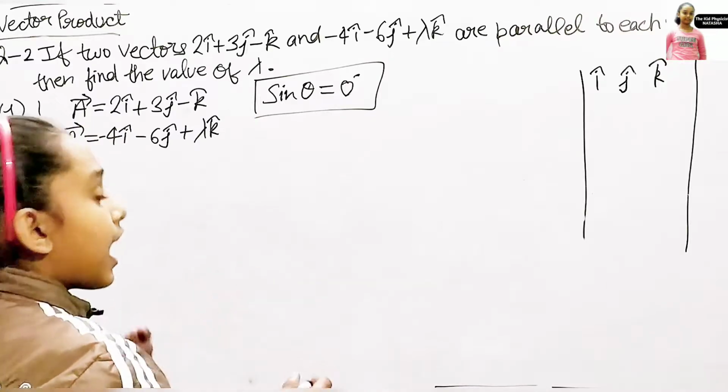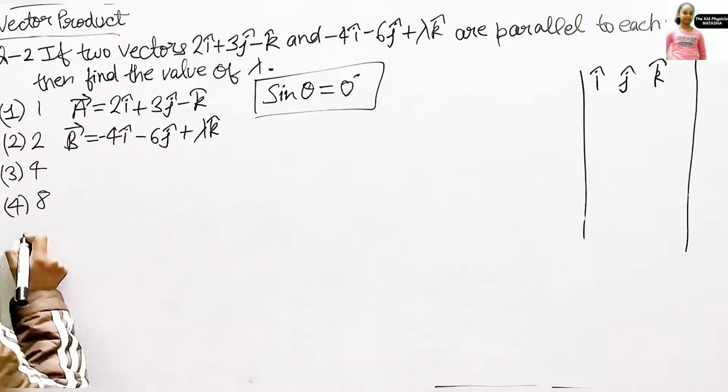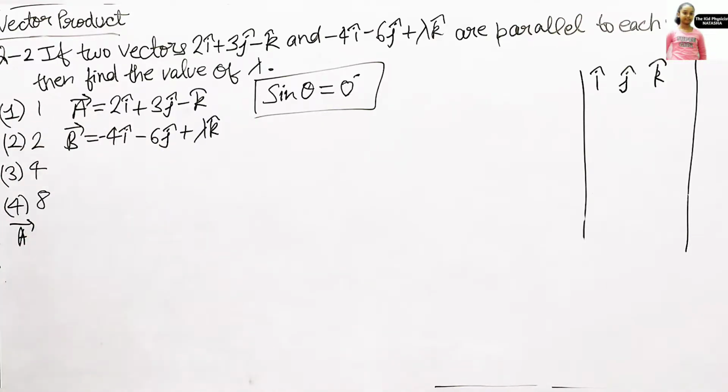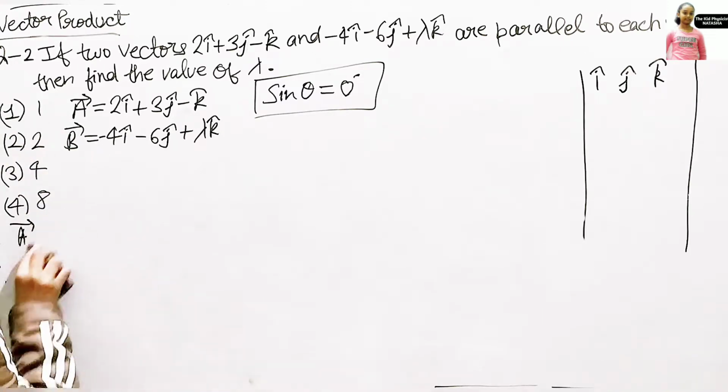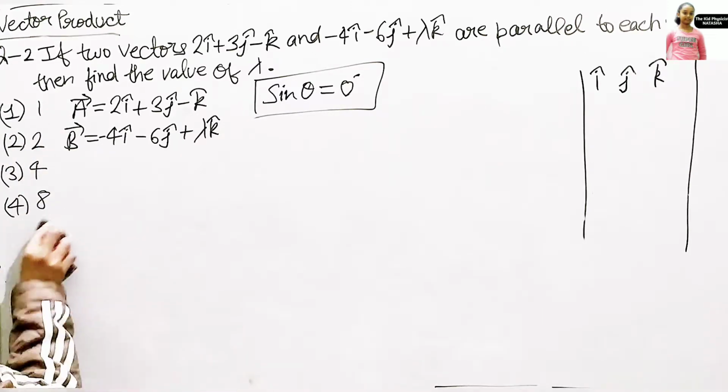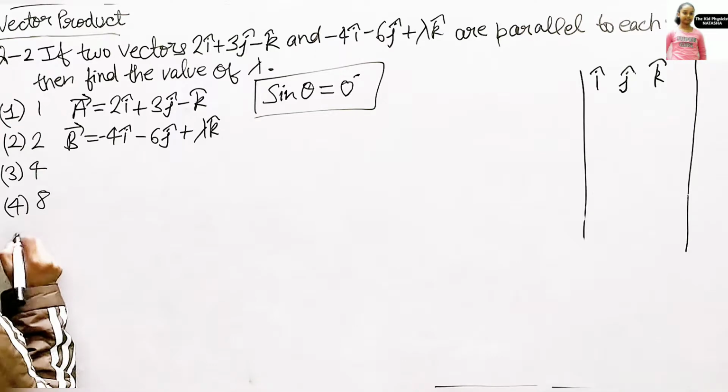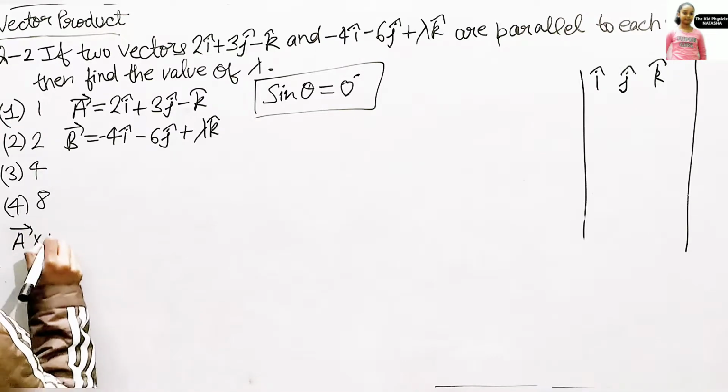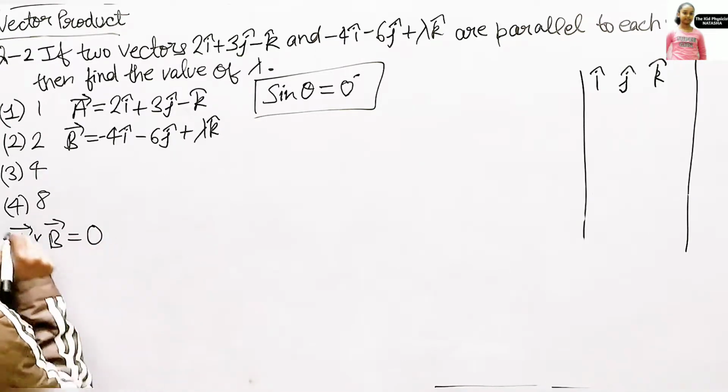Let me explain it another way. Let me write A cross B is equal to 0.